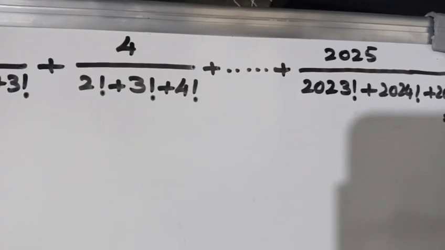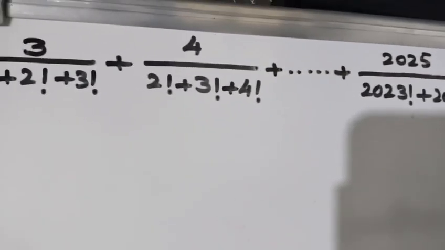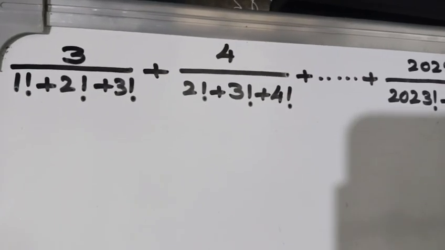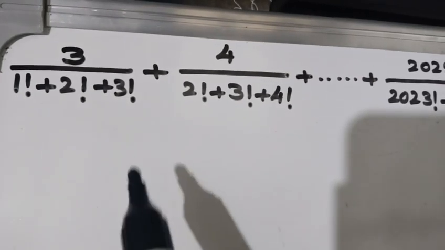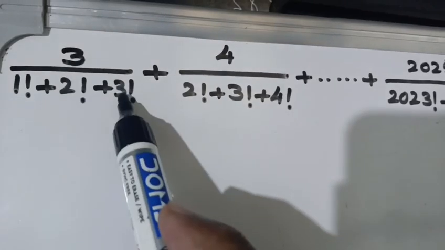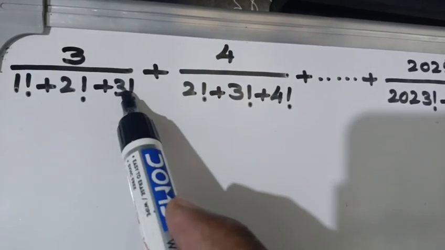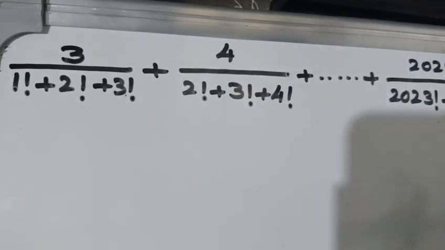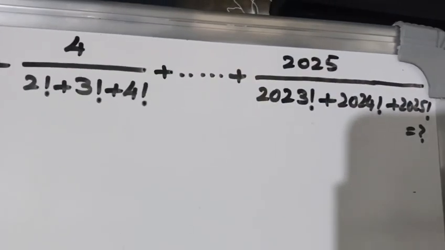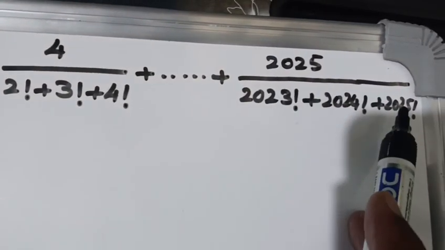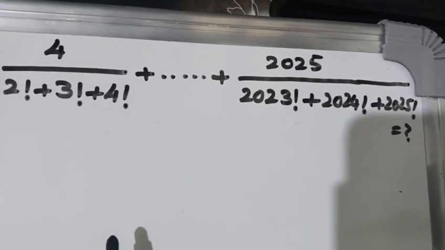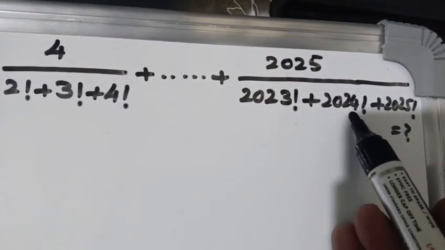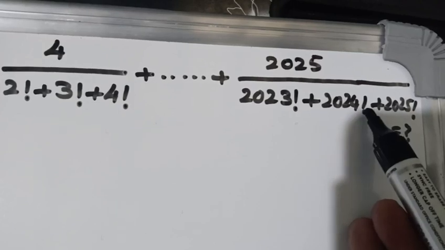Now before I calculate the sum, you can see the pattern present here. This number and this factorial is the same. This number and this factorial is the same. And in the last term, this number and this factorial is the same. What is the number before this? 1 less than this and its factorial.